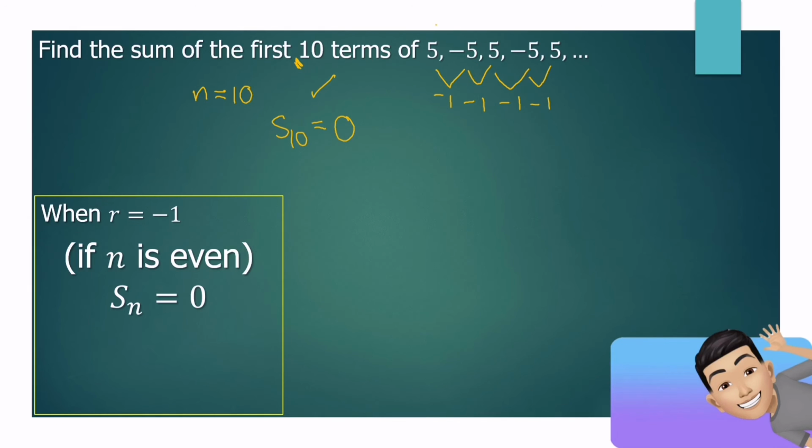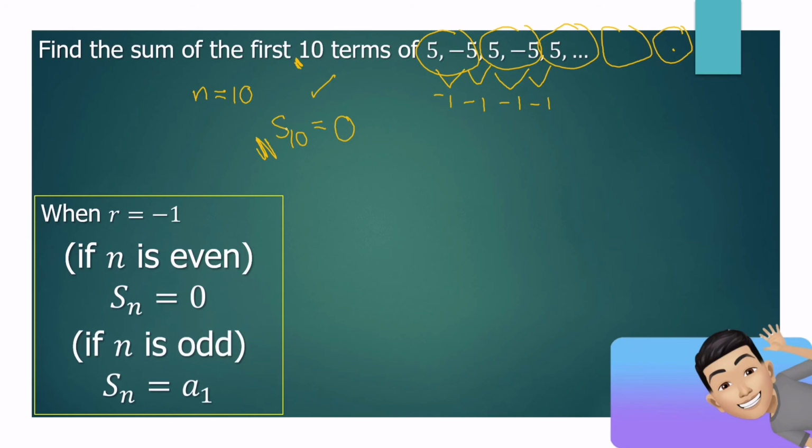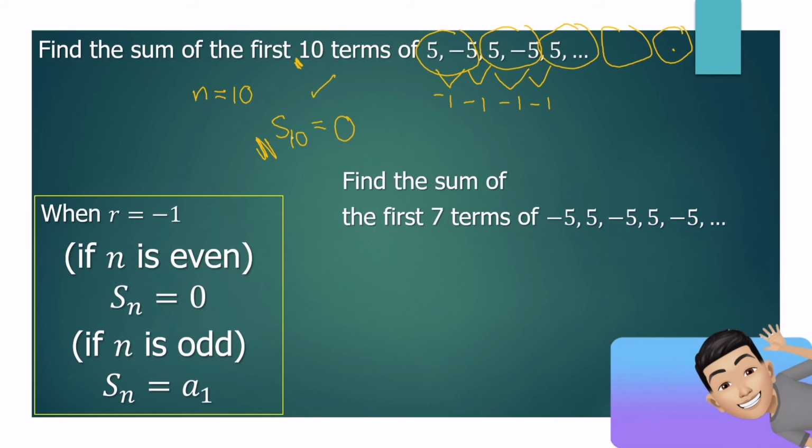Kasi, by pair yan eh, no? This is 0, another 0, another 0, 0, and then 0. Kasi 2, 4, 6, 8, 10. No? So, tama, S sub 10 is equal to 0. And then, if n is odd, okay, ito yung example niyan.